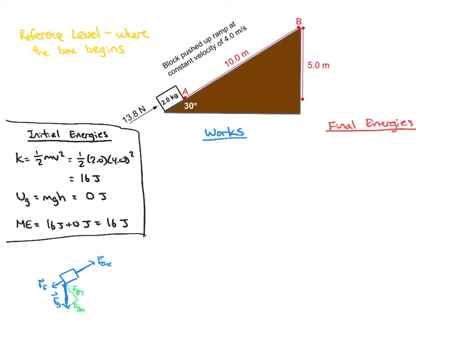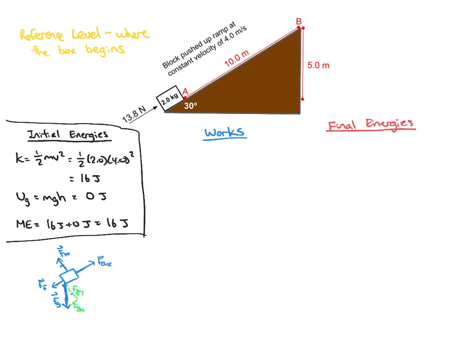And I need the forces to balance, so the applied force is going to be the same size as the sum of the friction and FGX. And finally, my normal force needs to balance out the FGY component.